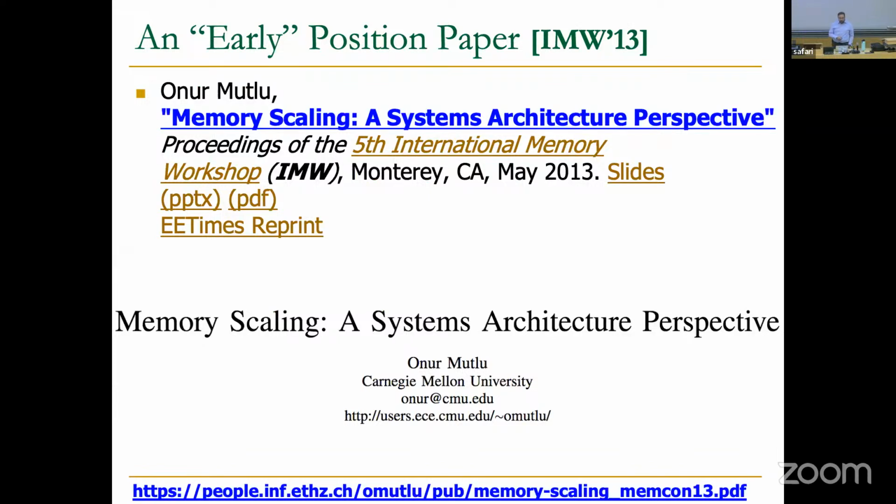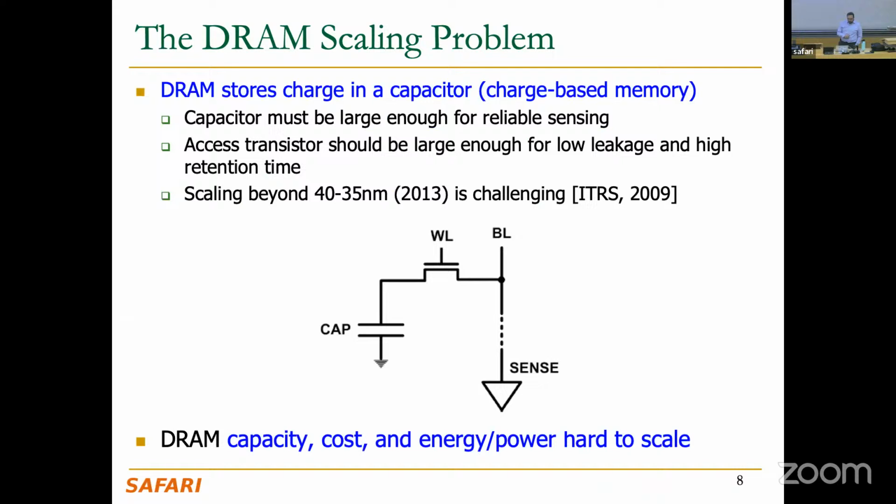So I'll take a step back and talk about an early position paper that talks about the issues that might come up with memory scaling going forward. Ataberk already covered the circuitry. I hope you're familiar with this. You have a capacitor and an access transistor here.